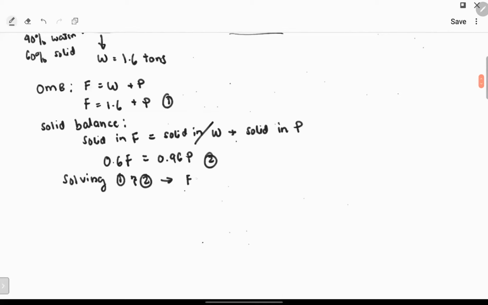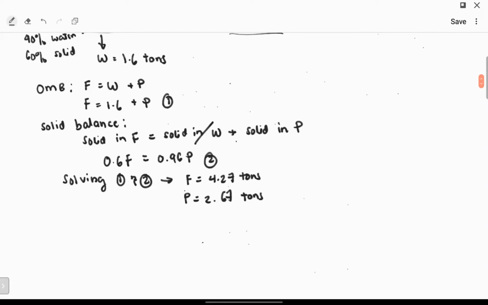F equals 4.27 tons, and P is 2.67 tons. You can use also yung water balance natin to check.